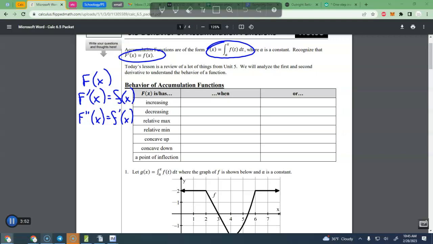I want to know when the capital F of x is increasing. So if I want to know when capital F of x is increasing, what level of capital F of x do I want to look at? Increasing comes from slope, doesn't it?